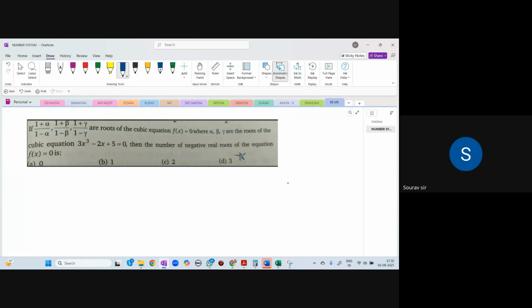Now look at the question. 1 plus alpha by 1 minus alpha, 1 plus beta by 1 minus beta, 1 plus gamma by 1 minus gamma are the roots of the cubic equation f(x) equal to 0, where alpha, beta, gamma are the roots of the cubic equation given by this. Then the number of negative real roots of the equation f(x) equal to 0 is how much? How many? Now, how are you going to solve this question?